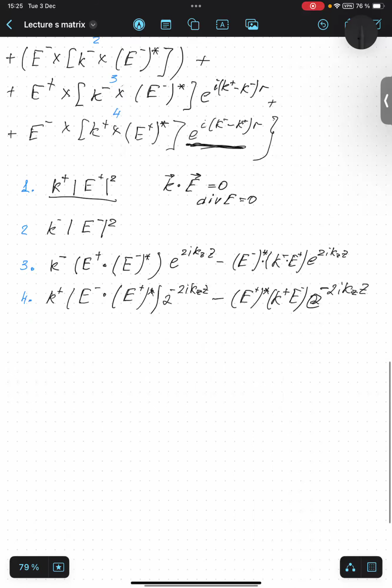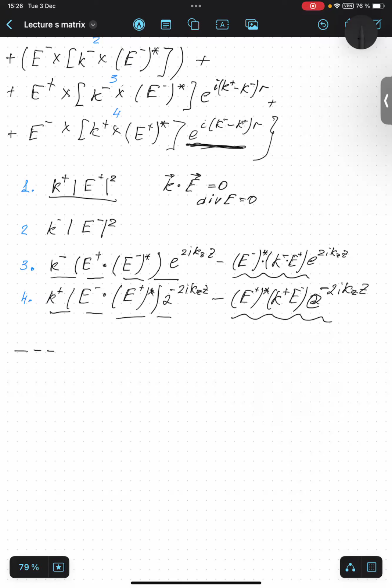So we obtained answer for the first and second part. We also should somehow simplify third and fourth part. Let's consider these parts separately and these parts separately.